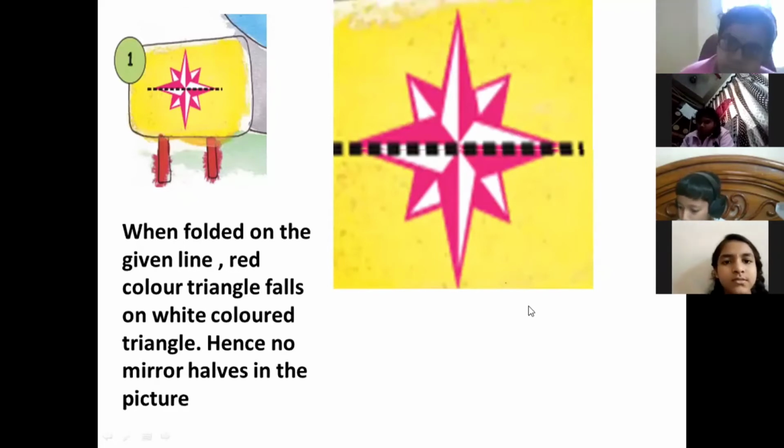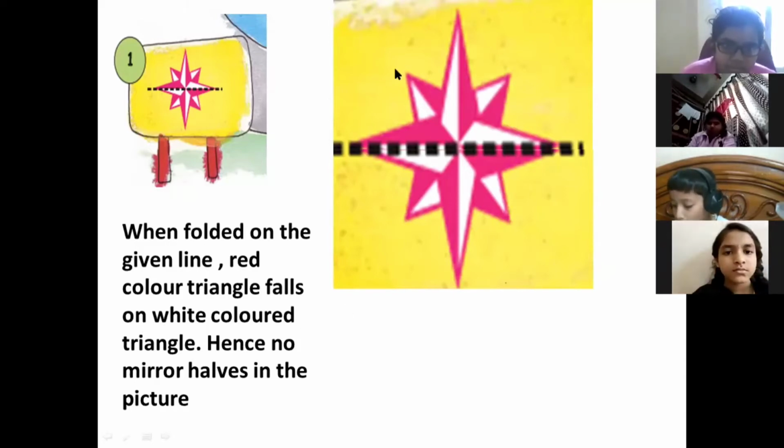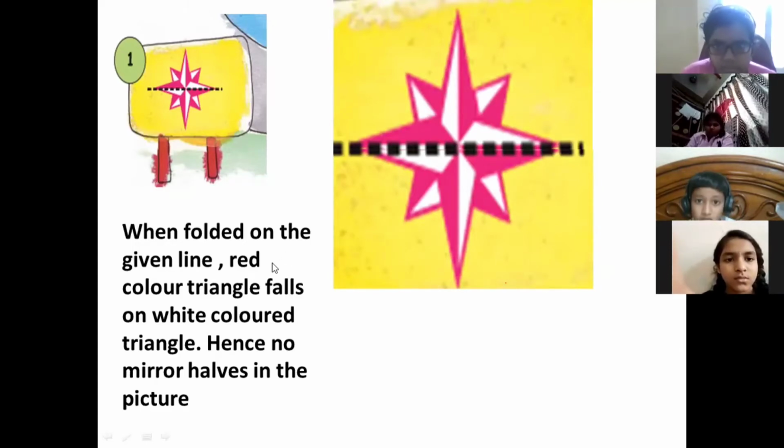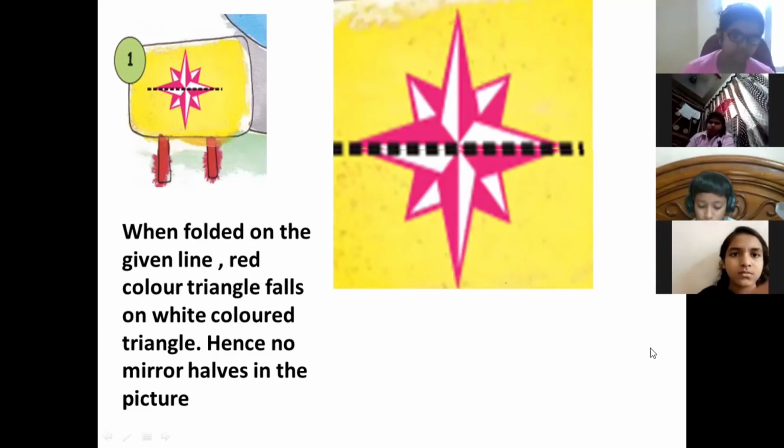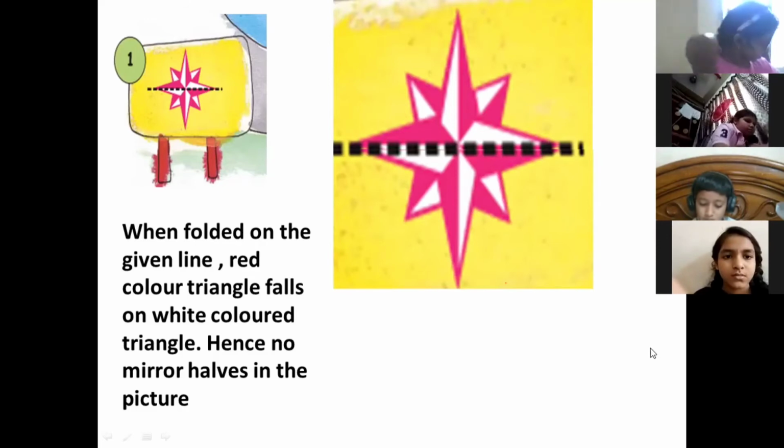So when folded on the given line, the pink or red triangles fall on white triangles. Hence there are no mirror halves in the picture. So it is not a symmetrical picture.